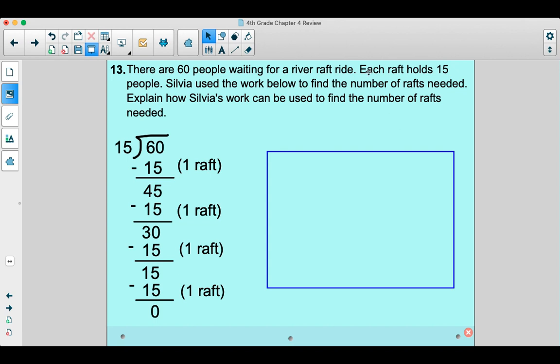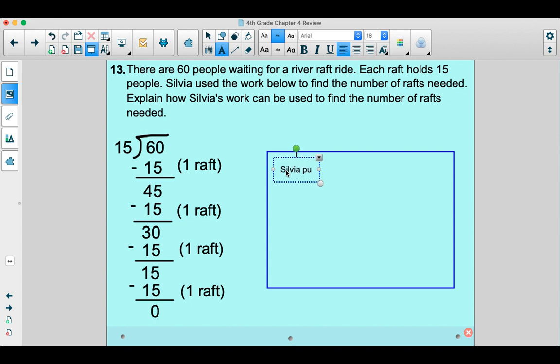Okay, so Sylvia put 15 people in a raft, and she showed that with repeated subtraction, right? She repeatedly subtracted 15.